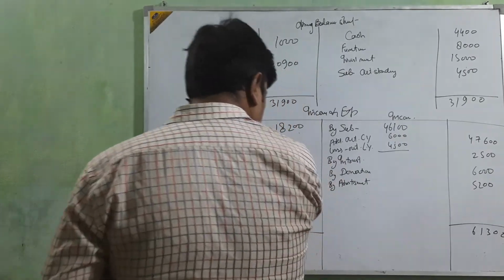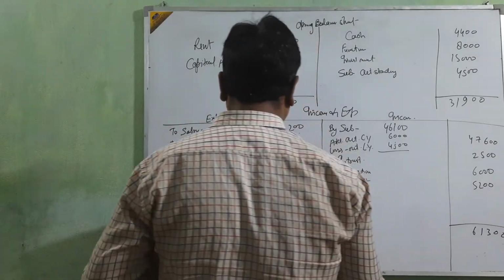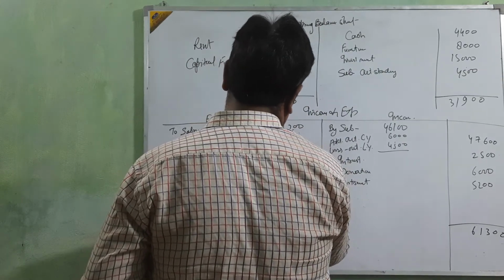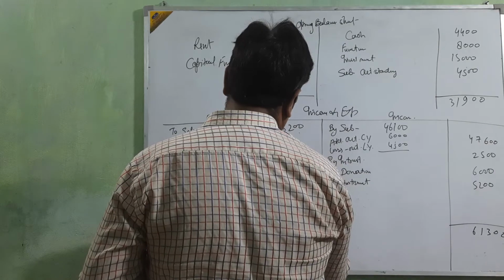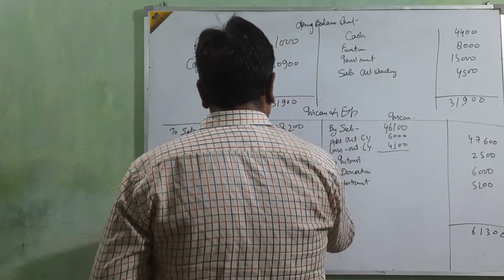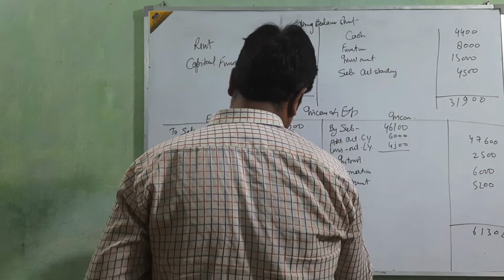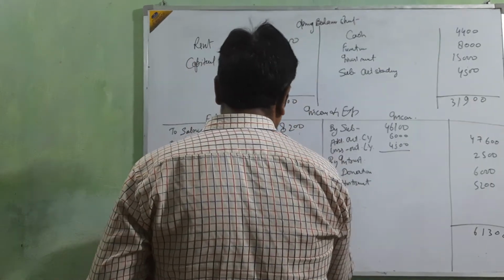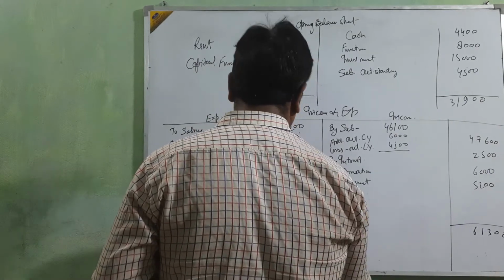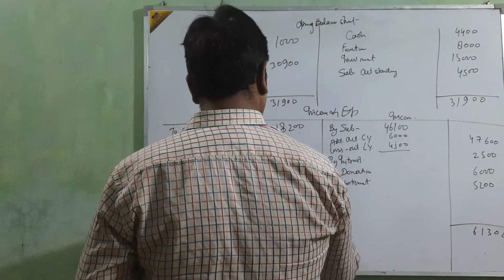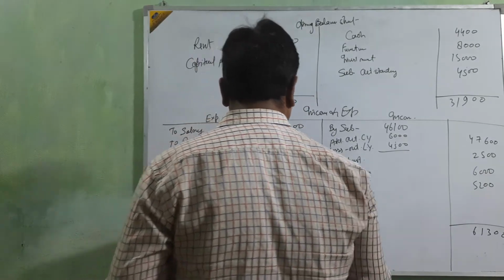And this side: 10, 20, 30, 38,000, 43,000, 50,000, 56,000, 57,000, 58,350.